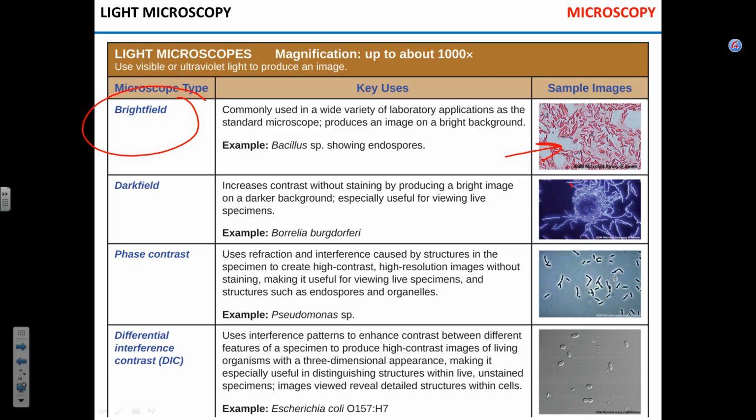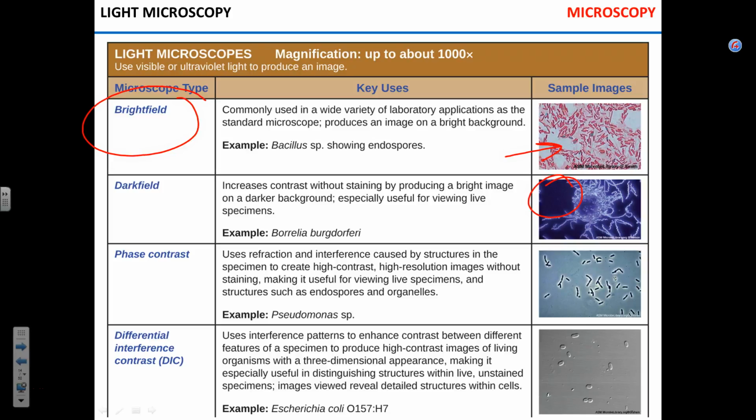Anyway, the background is dark and cells are lit up without staining. The advantage is that you can fairly clearly see the shape of the cell, but internal structures sometimes are not as good. Does that make sense? Because there's just too little light.